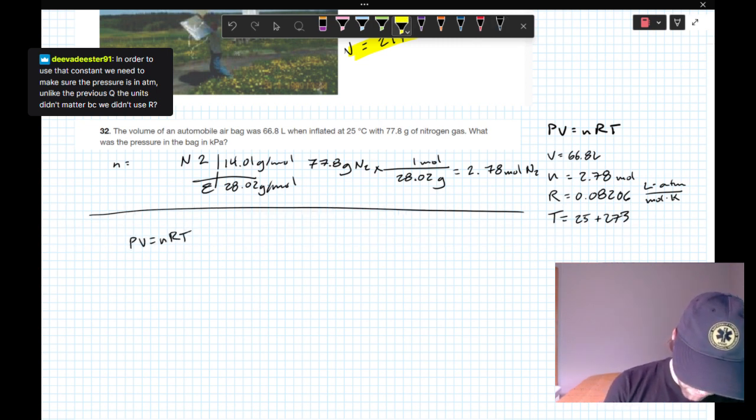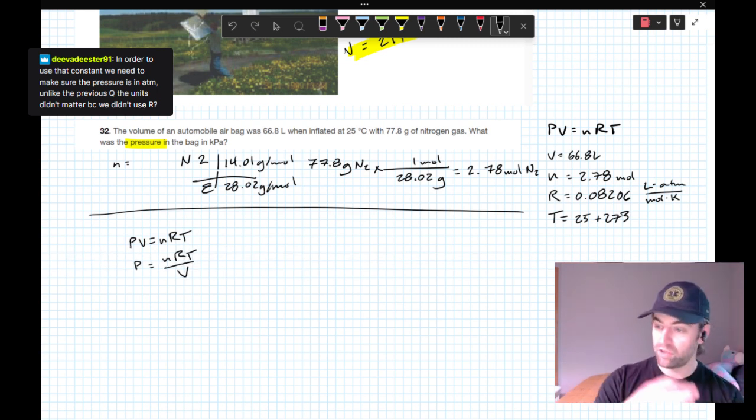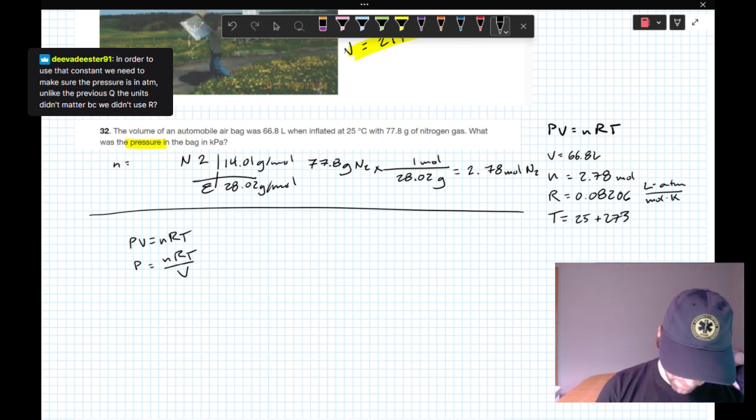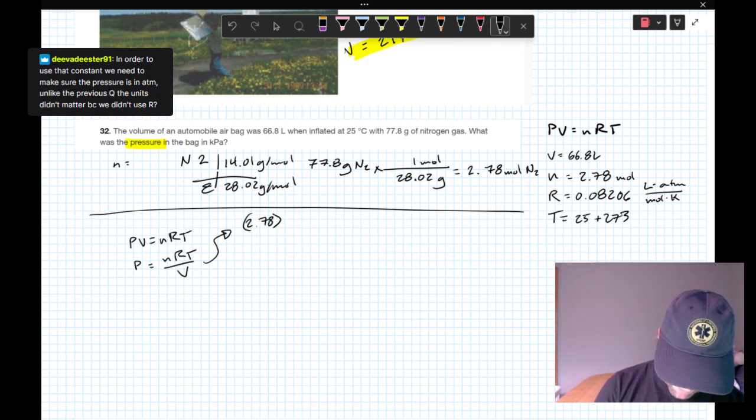We're solving for pressure. So we're going to divide both sides by volume to get pressure on the same side, or alone. And let's just start filling out values. We've got 2.78 moles, the gas constant.